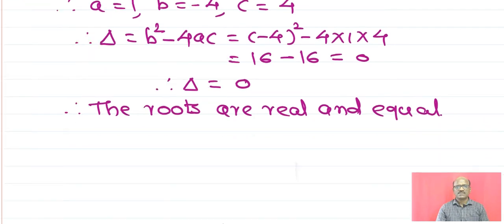Next, number 2: 2y square minus 7y plus 2 equals 0.